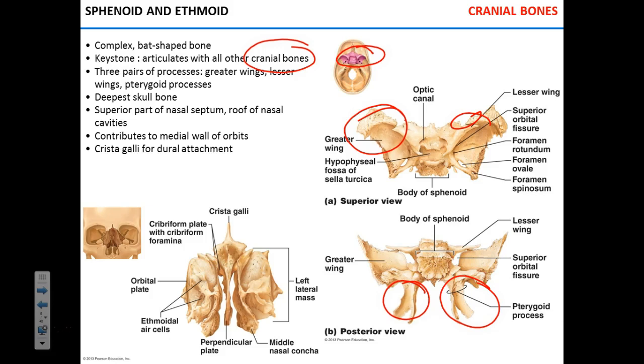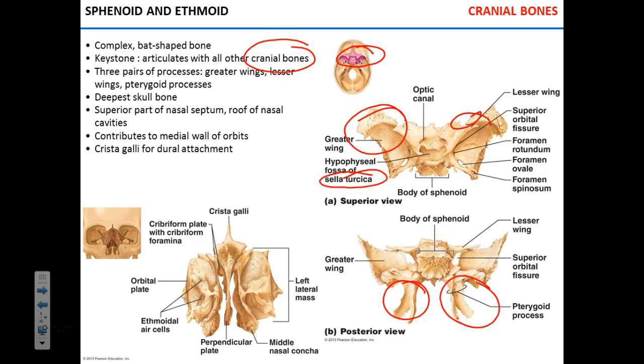On the side of the sphenoid bone is a very interesting structure right here. You see it? So I put my finger in, I remove my finger. Put it in, remove it. Can you see the structure? The structure is called sella turcica. In Latin, sella turcica means Turkish saddle.